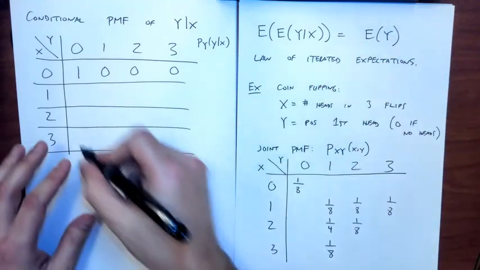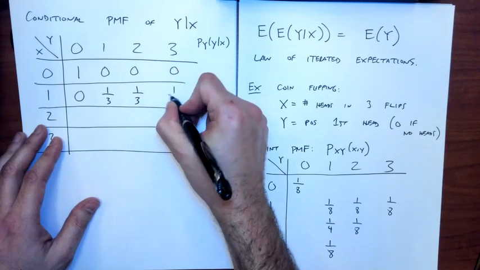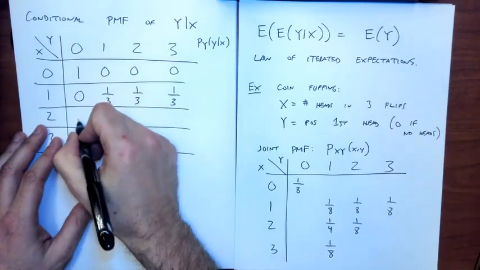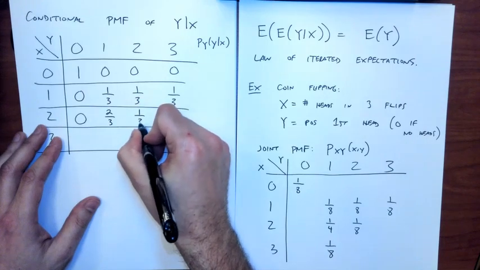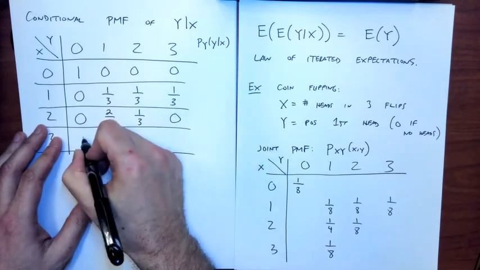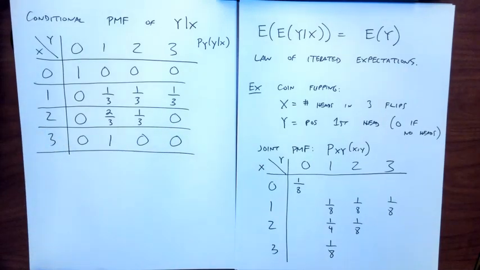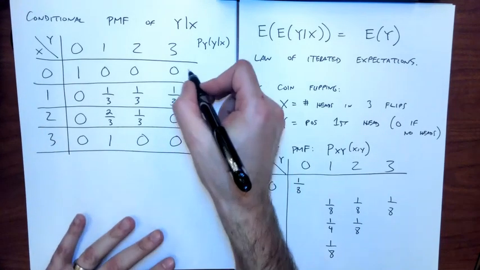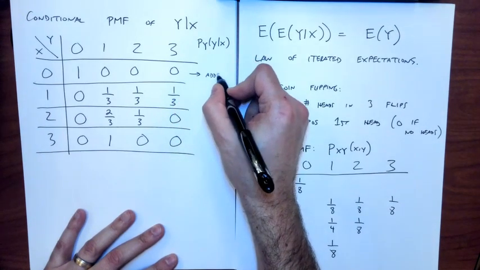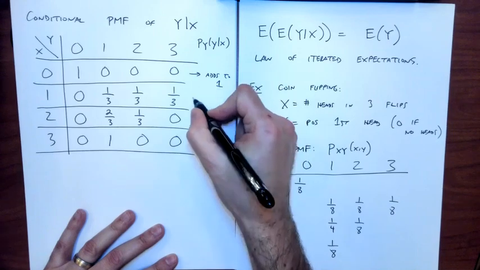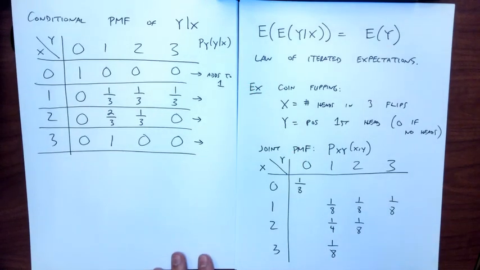So this can't happen, and each of these things has a probability 1/3 of happening. In this case, this can't happen, this has probability 2/3 of happening, this has probability 1/3 of happening, and then I have a certainty in this case. Each of these rows adds up to 1 because these are all themselves new PMFs, right?